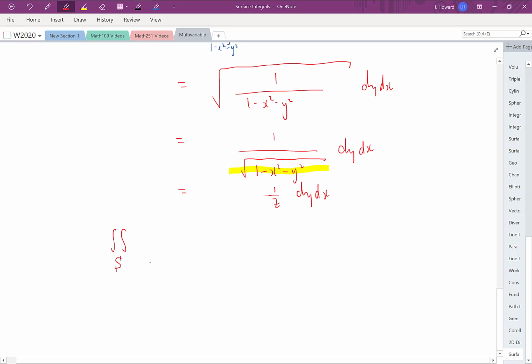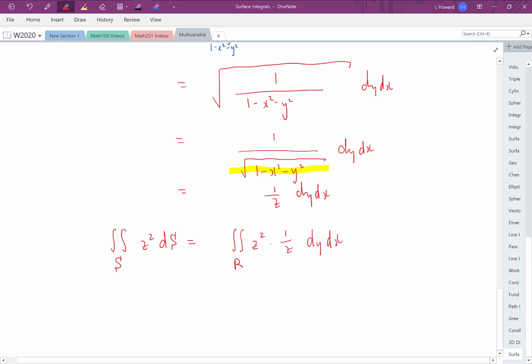So here's what we're trying to evaluate. We're doing the double integral over our surface of z squared dS. Let's start to plug in here. We're moving over to the new variables x and y. So when we write down our double integral now, I'm going to write R, which is a region of the xy plane. We'll draw a picture of that in a minute. We've got this z squared, which gets multiplied by dS, which is 1 over z dy dx.